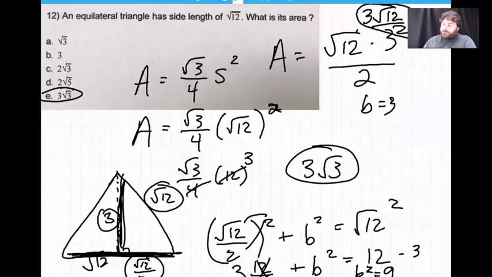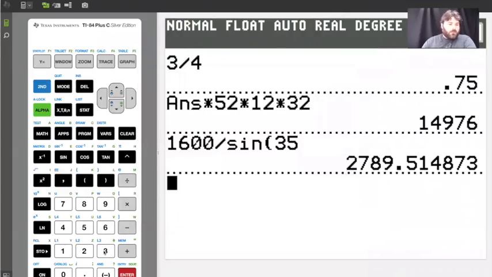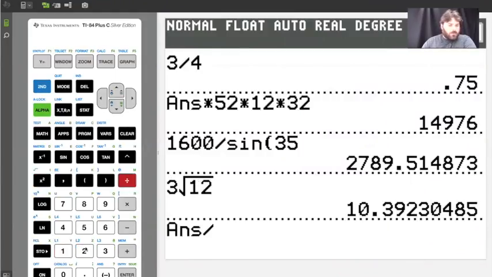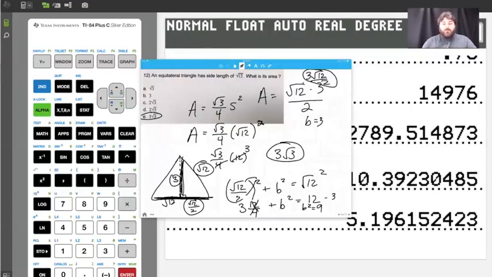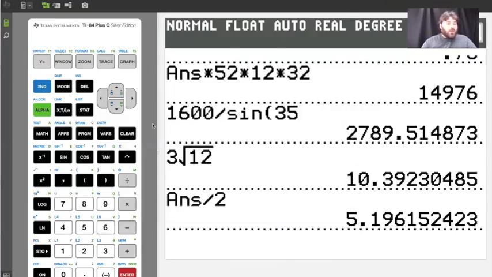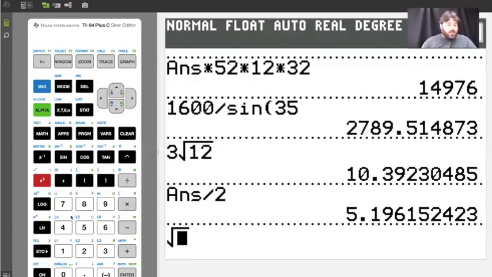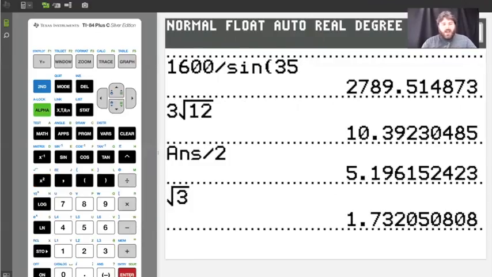Okay? Now, none of our answers look like that, right? But that means there's just some kind of simplification. So if I get my calculator out and I do 3 times root 12, and I hit enter and divide that by 2, I get 5.196. So my answer is 5.196, but of course none of my answers look like that. Well, you could keep trying stuff like square root of 3, that's choice A. You can see it's not A, right?